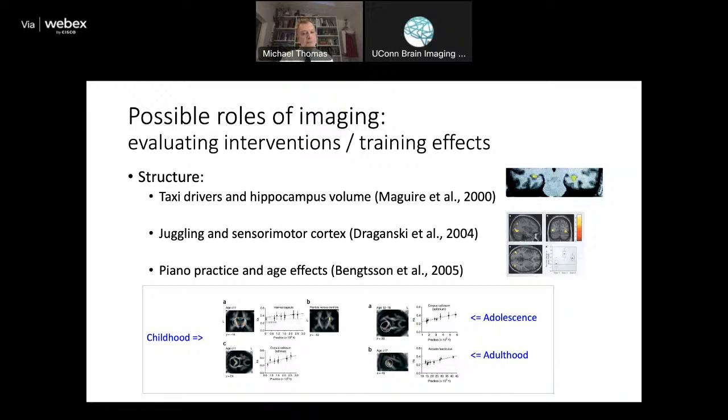But if you did loads of practice as an adolescent or an adult, then you found the white matter differences in slightly higher, more cognitive type areas. So it's interesting about different areas of the brain, maybe plastic at different ages.